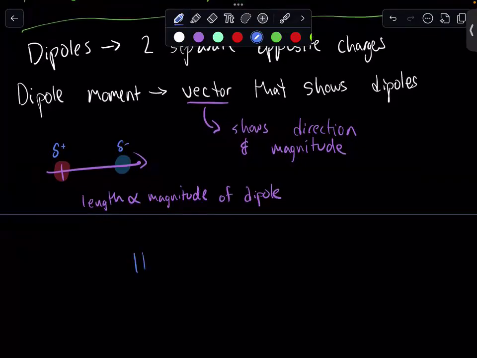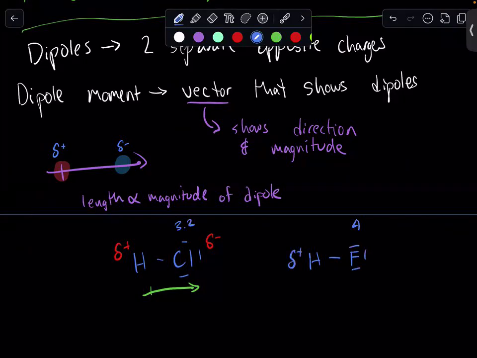So if we look at HCl and we identify our partial charges here as partially positive to partially negative, we can see that our dipole moment looks like that. Furthermore, if we were to look at something even more electronegative, like maybe HF, where F has a value of 4, while chlorine's was 3.2. So in this case, this is partially positive, this is partially negative.